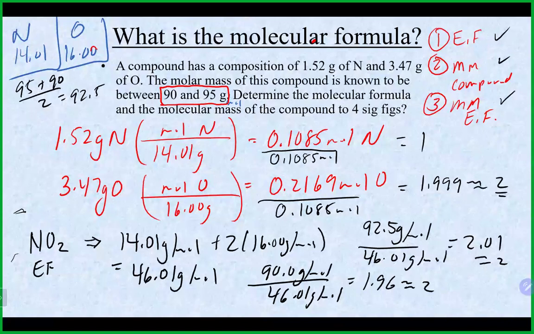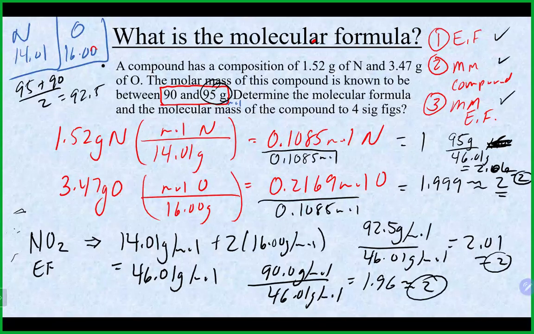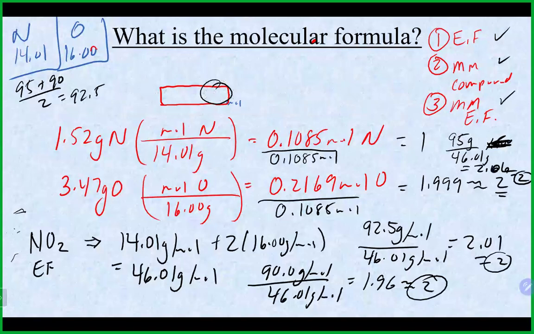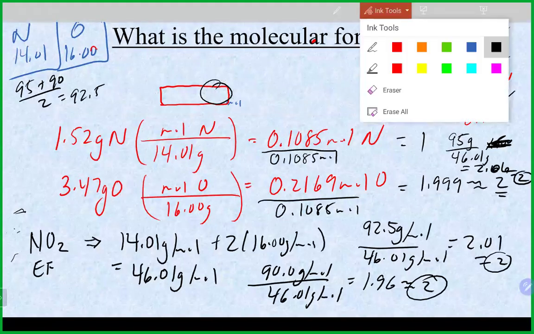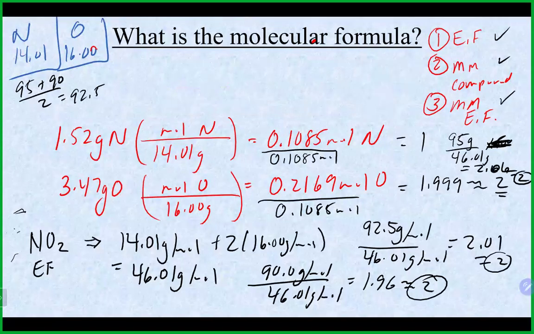Or if you took the high end, 95 divided by 46.01, you get about 2.06, also close to 2. So regardless of which one you choose, the high end of the range, the low end, or the average value, you will get pretty much the same answer.